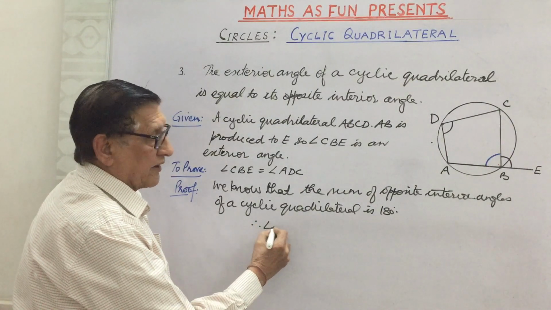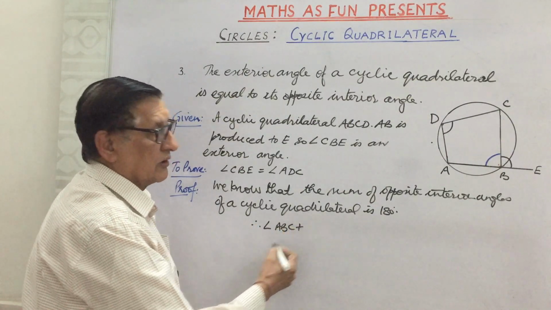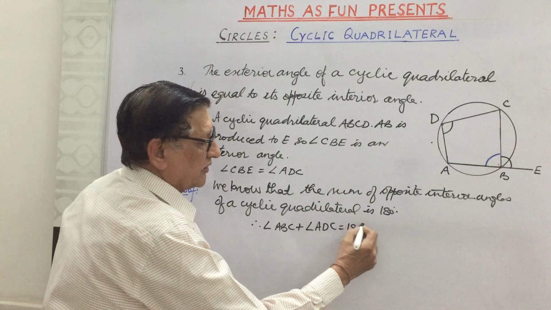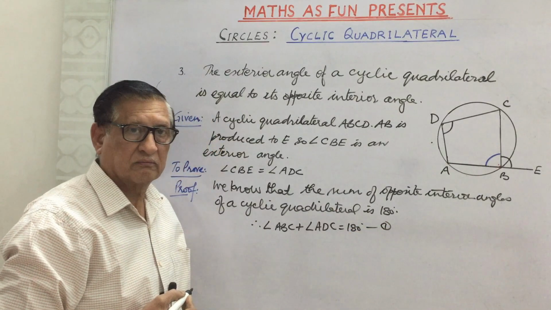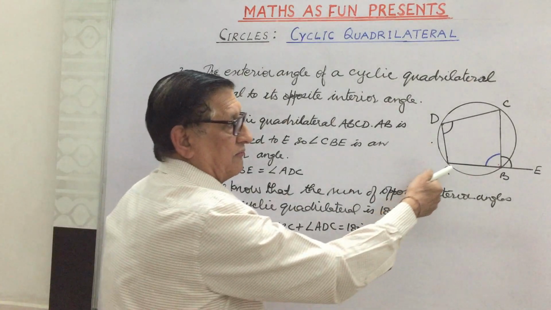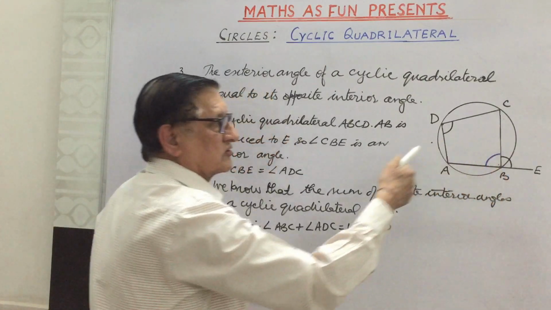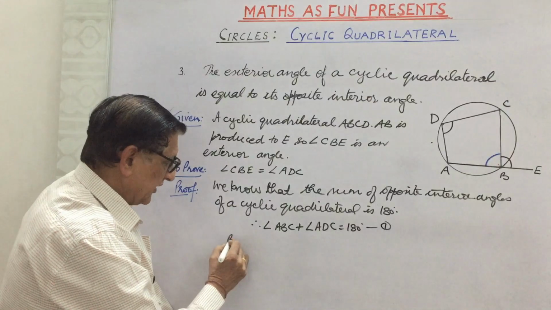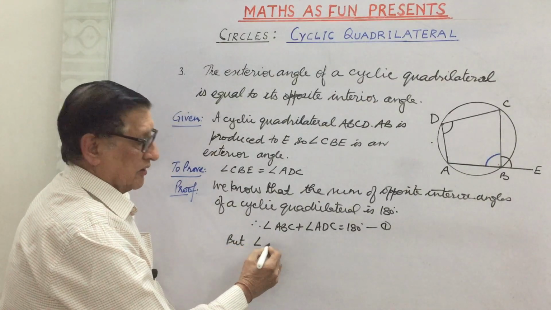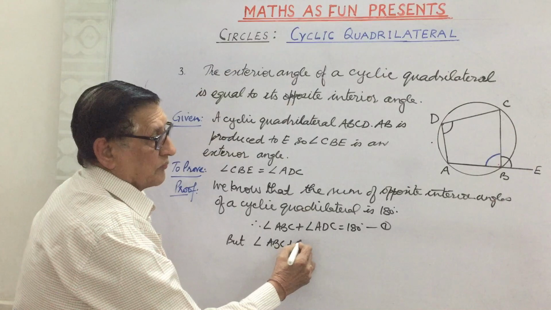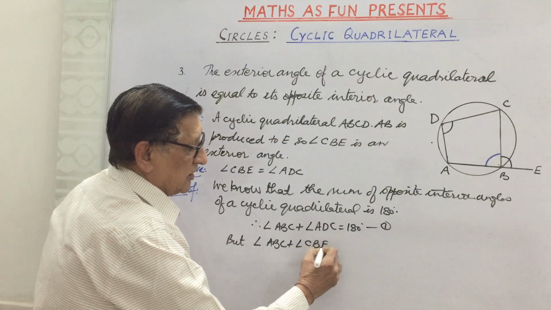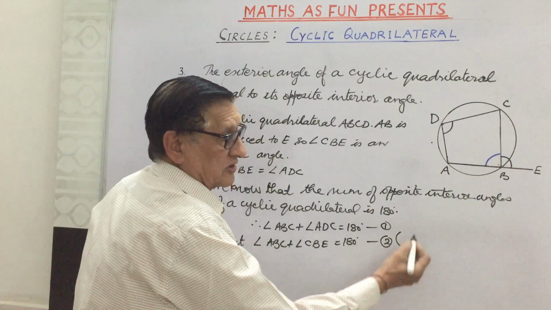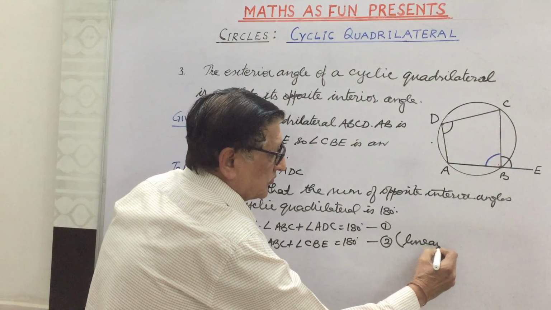Therefore, angle ABC plus angle ADC is equal to 180 degree. But what we see here, that this angle and this angle also have a sum of 180 because this is a linear pair. We can write, but angle ABC plus angle CBE is equal to 180 degree, that is number 2, and we can write the reason, it is a linear pair.